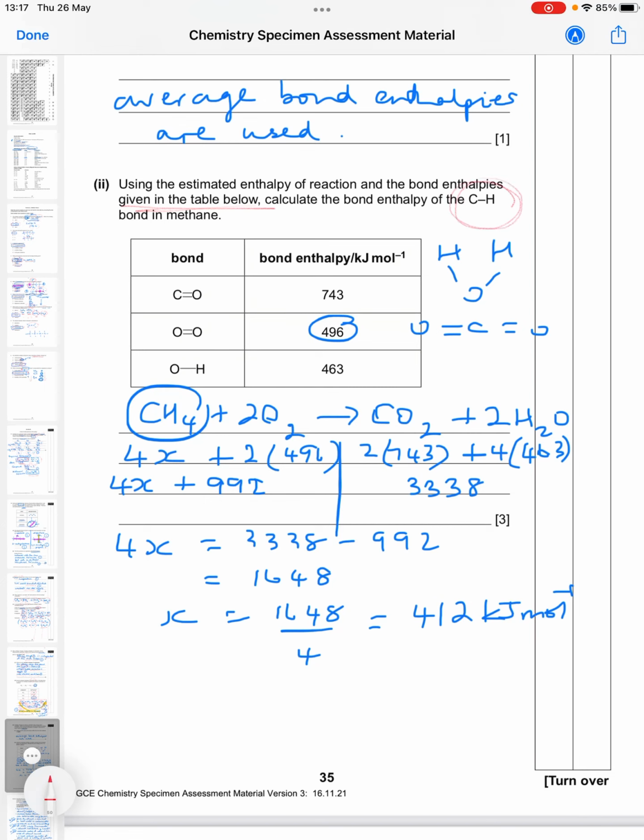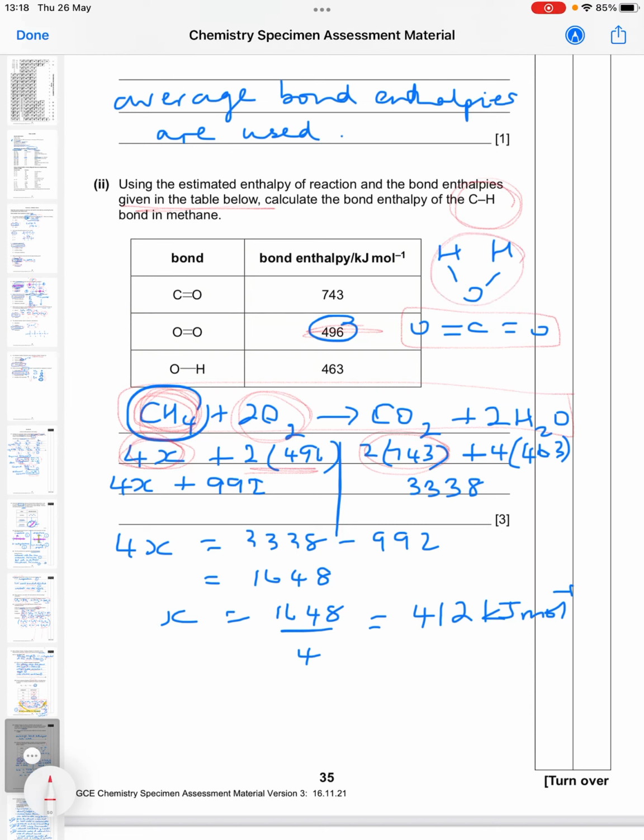So I've written the balanced equation here just to make it easier when I'm working stuff out. The methane, we're looking for the 4 bonds in it, so I've called it 4x. And then in oxygen we have 2 molecules of oxygen, so we have 2 times 496 here. Carbon dioxide, each molecule has 2 bonds in it, so we've got 2 times 743.